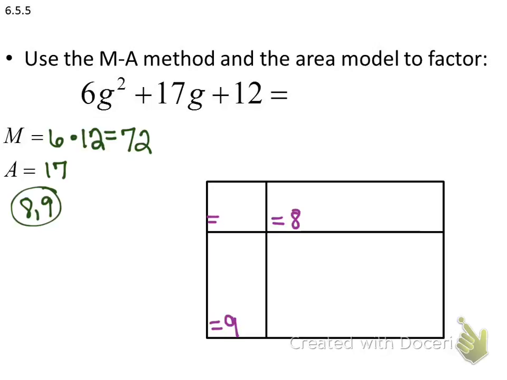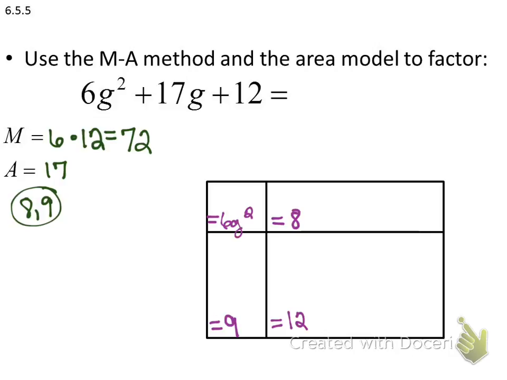So what's going to go in the first box? I don't know. What's your first term? Oh, 6g squared. So that's the total area of that rectangle. And then what term am I left with for my bottom right? 12. Okay? Now, we know 8 and 9 equals 17, but what variable do they both need to get 17g?